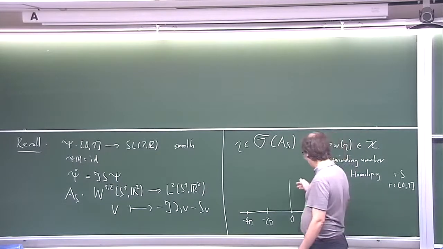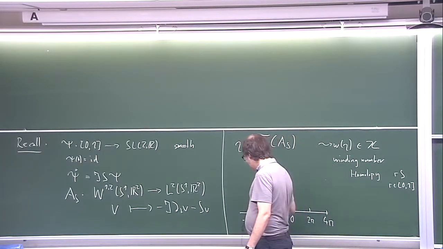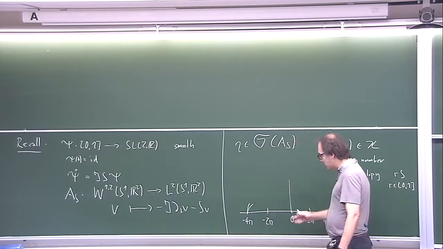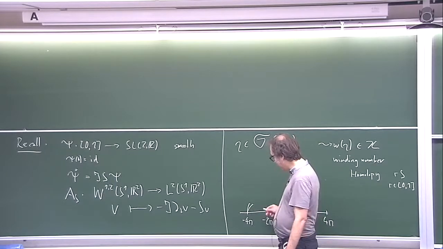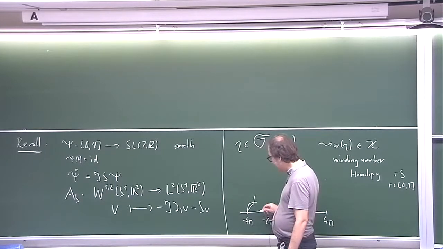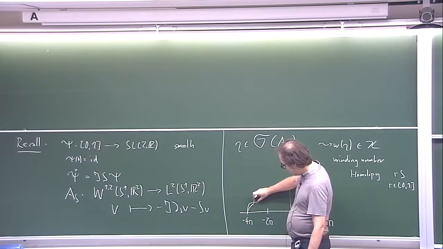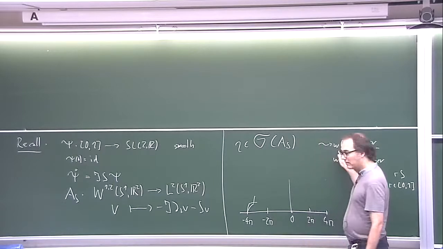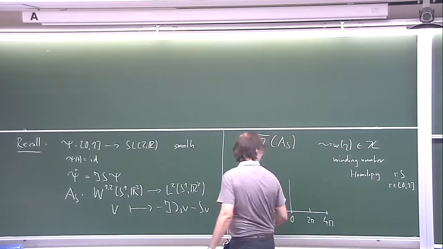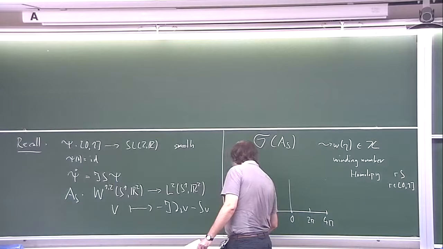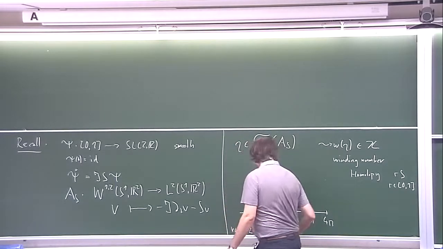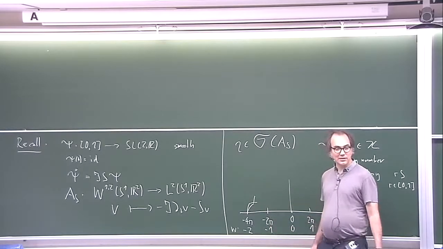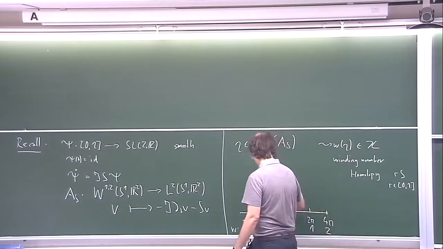And then if we start perturbing them, then maybe they continue to be double, this we don't know, but generically two come out, and they might cross again, but this family and this family, they never cross, because they have different winding numbers. The winding number here is minus 2, here is minus 1, here is 0, here is 1, and here is 2. So these different families cannot cross. So we have like this.